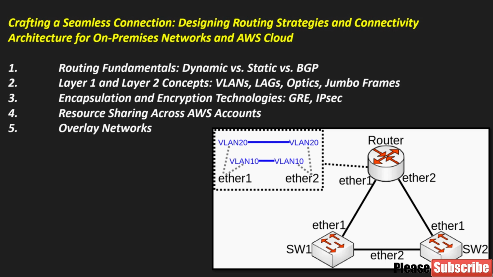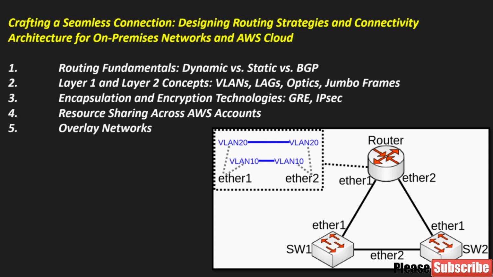Link aggregation groups, LAGs, provide increased bandwidth and redundancy. Optics refer to the use of fiber optics for high speed, reliable connections. Jumbo frames optimize the data transfer by allowing larger packet sizes. Integrating these types of concepts ensures a solid foundation for data transmission.